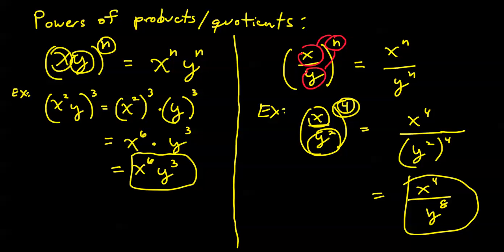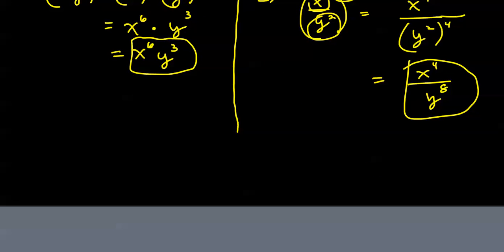Alright, let's do some more examples of this powers of products and quotients. Let's say this example, and you'll see in homework and on test day the instructions are simplify the following exponent expression.